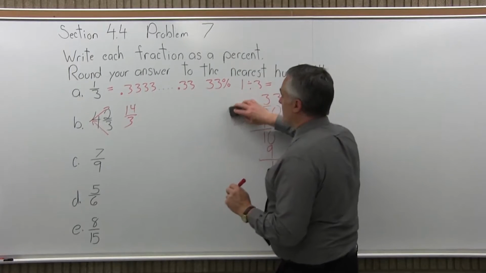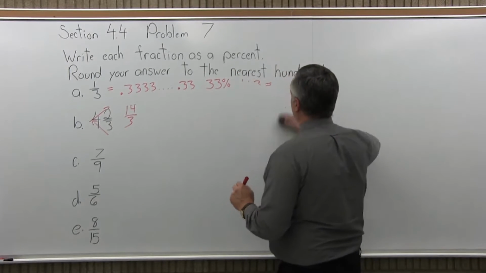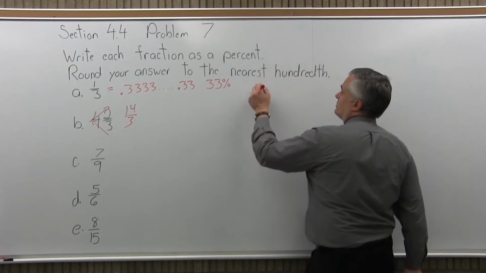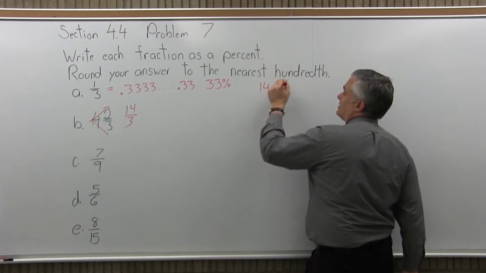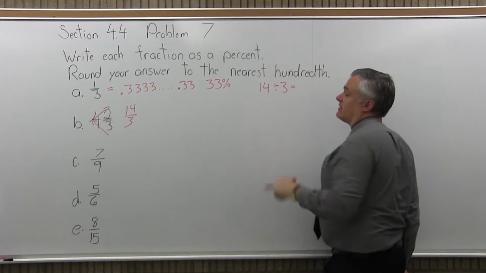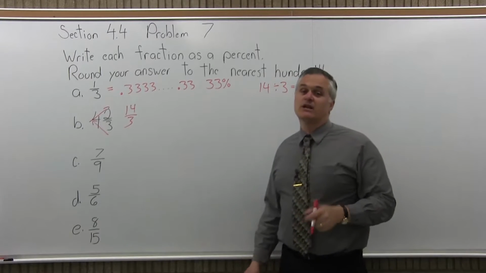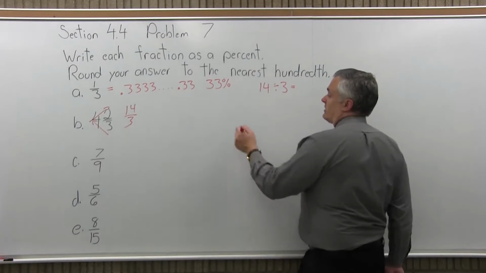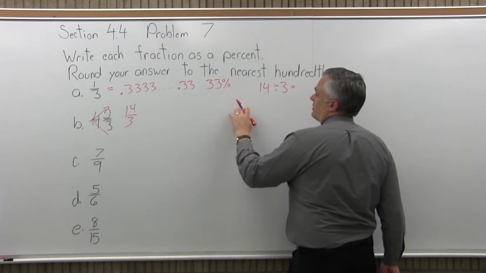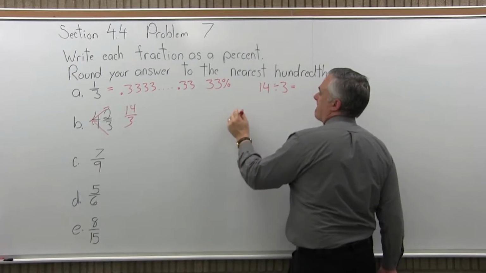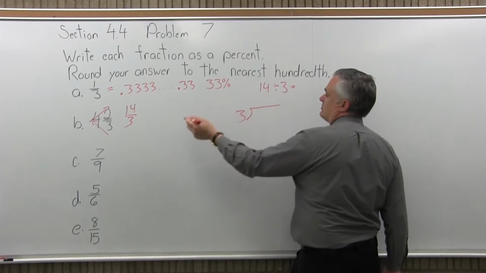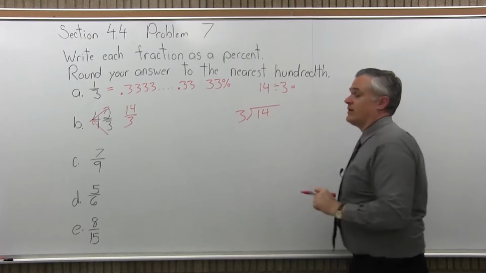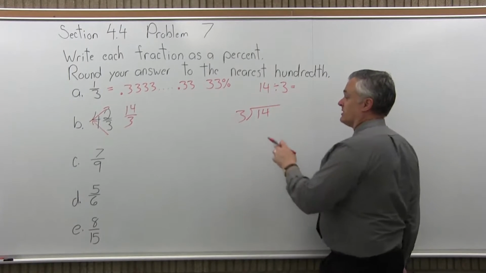And like the other one, if I have a teacher where I can use my calculator, I can just do the numerator 14 divided by the denominator of 3, and my calculator will give me the decimal, which then I can quickly convert to a percent. But if you can't use your calculator, the denominator divides into the numerator how many times? So 3 will divide into 14.